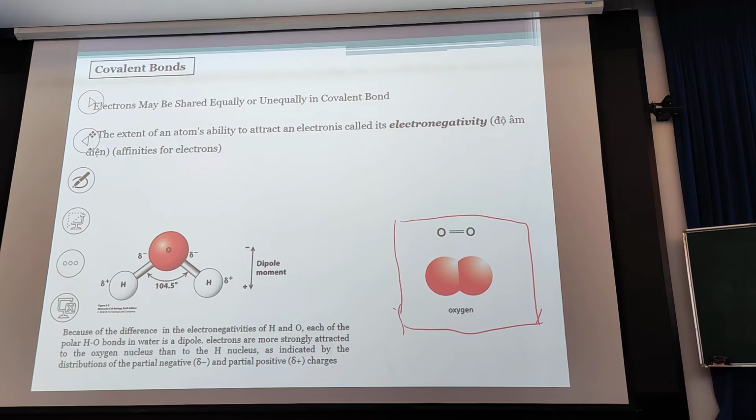However, for water, the oxygen has a stronger attraction for the electron than the hydrogen, so it is more negative here at the oxygen, and because the electron is more attracted to the oxygen, the hydrogens are more positive here.